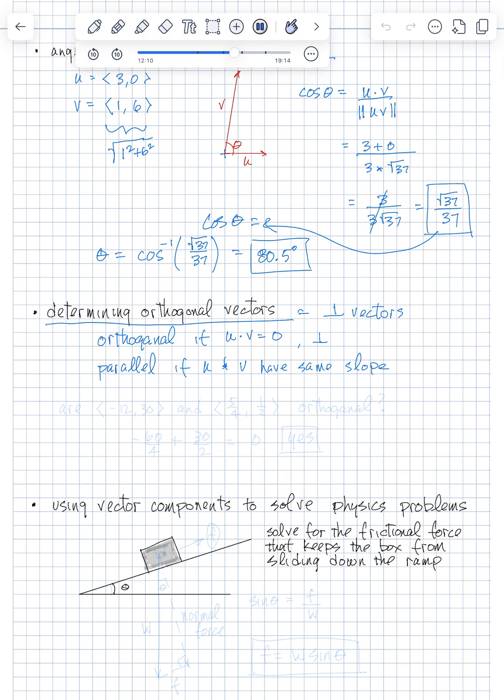So let's do an example. So our vector negative 12, 30 and vector 5/4, 1/2. Are they orthogonal?